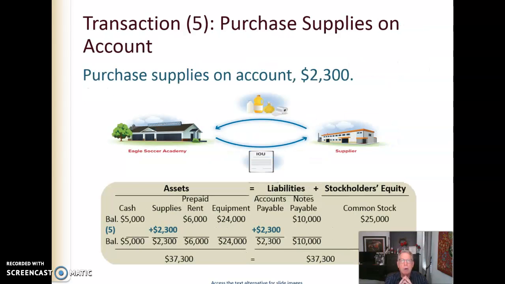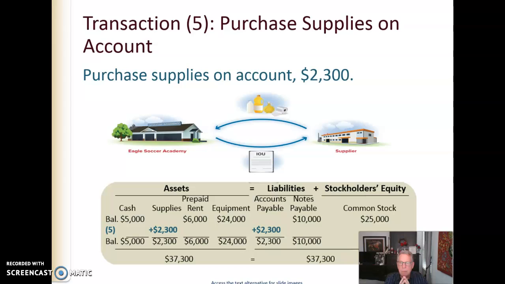And now we're going to purchase some supplies, and we're using the terminology on account, or on credit, it would often be referred to. And in this case, this is a promise to pay, not a formal written note. So we are purchasing some supplies on account for $2,300.